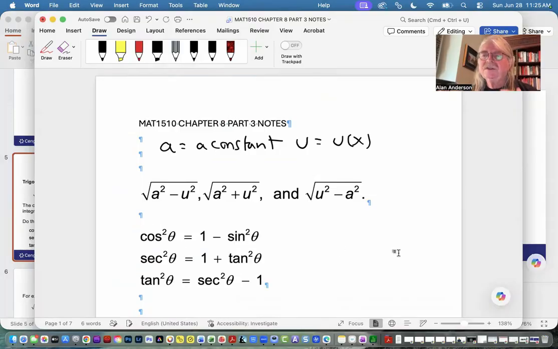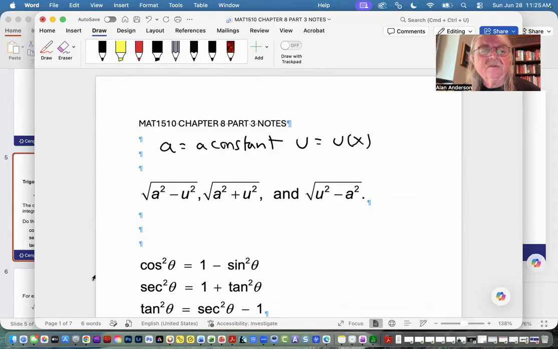Once you get our results from these substitutions, sometimes it's still not good enough. We need to do something to simplify it a little further. And often the way to do that is with one of these Pythagorean identities. Okay. Now we're very familiar with these. We've seen them before, but you never know when they might come in handy.